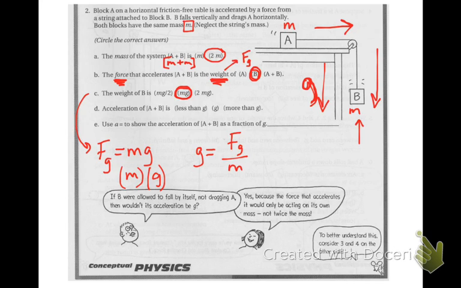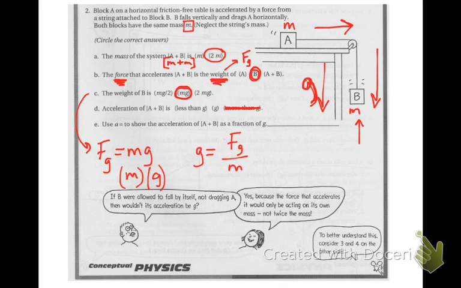And the acceleration of A plus B, is it going to be less than g, or more than g? Well, we can definitely rule out that it's moving at several g's. That's silly. So it says that it is a friction-free table, neglecting the string's mass.